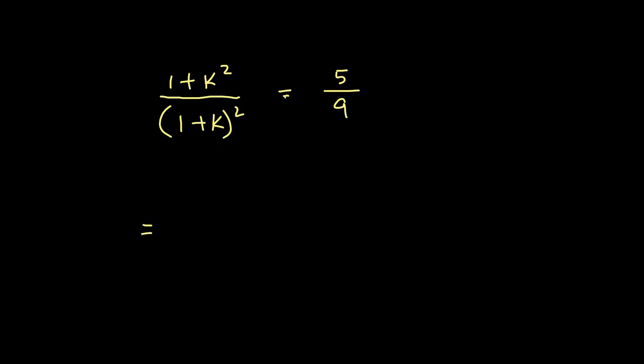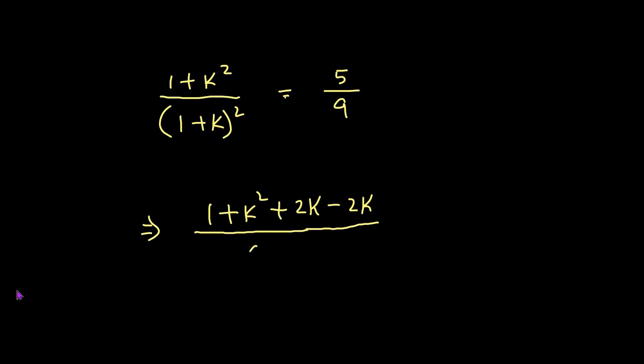We can write this expression as (1 + k² + 2k − 2k), since we'll try to find the (a + b)² in the numerator, so we can write it like this, and the denominator is the same, (1 + k)², equals 5/9.